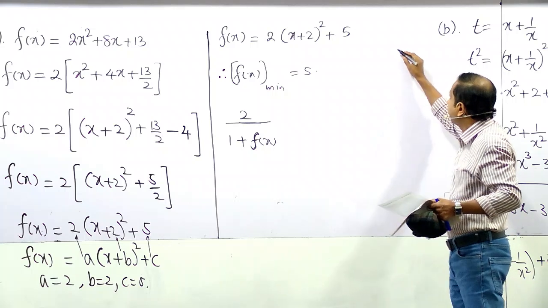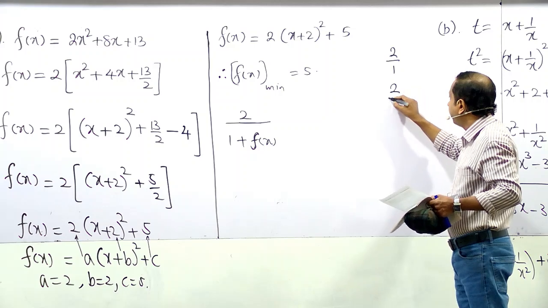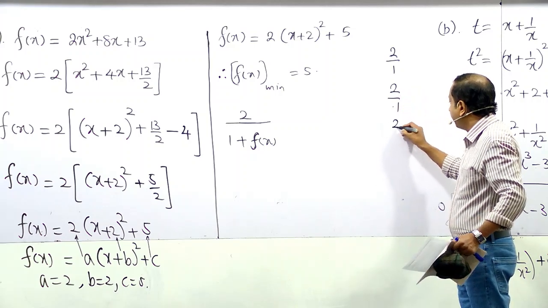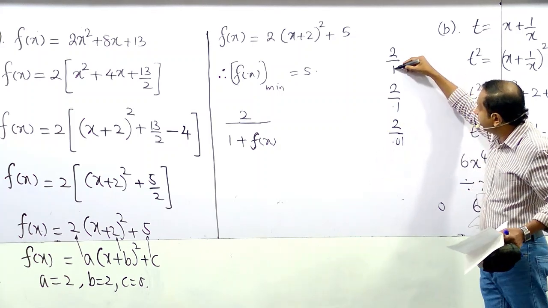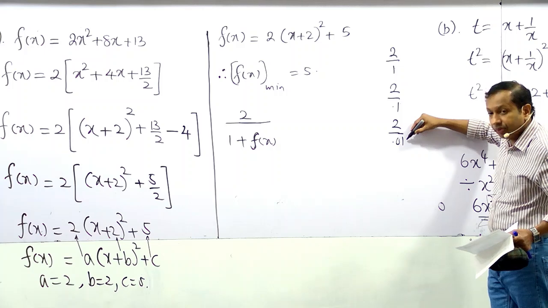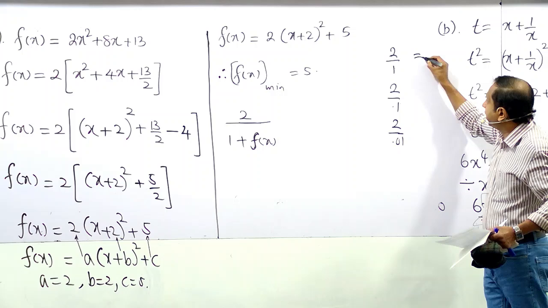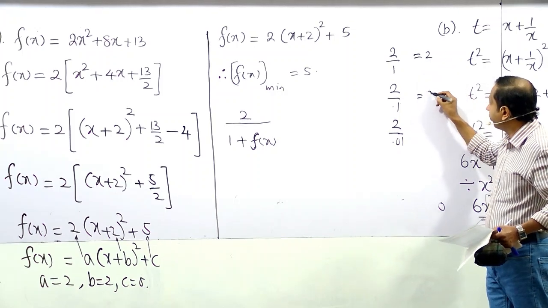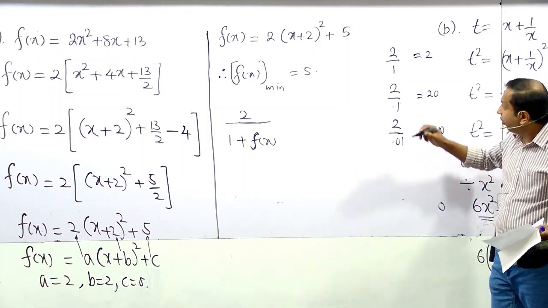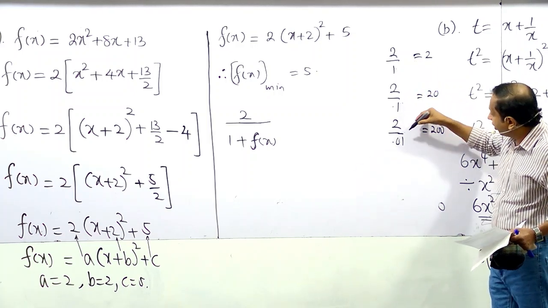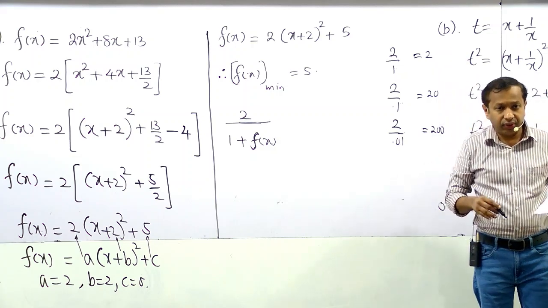Now, for instance, 2 divided by 1, 2 divided by 0.1, 2 divided by 0.01. You can see the denominator decrease in here. Numerator same. When I separately find the answer here 2, here 20, here 200. You can see once the denominator is decreasing, the fraction is what? Increasing. The answer of the fraction is increasing.